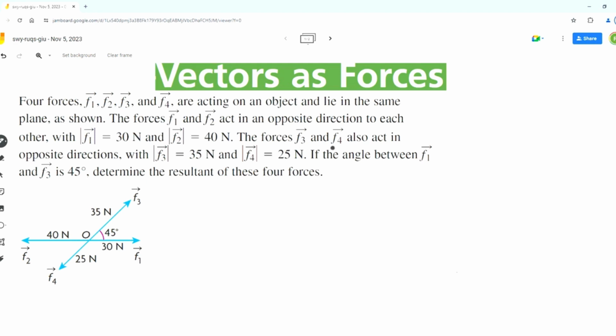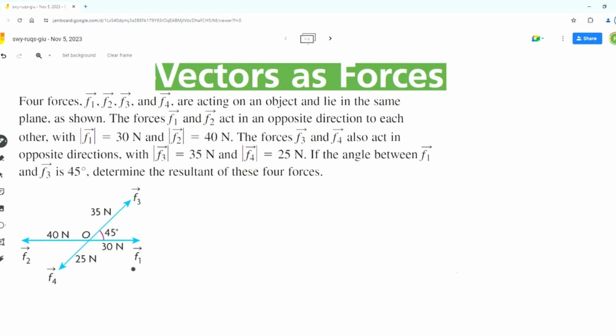The forces F3 and F4 also act in opposite directions, with the magnitude of F3 equal to 35 newtons and the magnitude of F4 equal to 25 newtons. If the angle between F1 and F3 is 45 degrees, determine the resultant of these four forces.